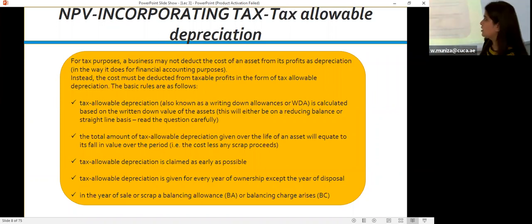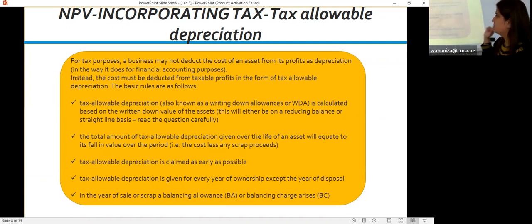Tax allowable depreciation, also known as WDA, writing down allowance, is calculated based on written down values of the assets. This will be either on the reducing balance or straight line. Read the question carefully. The total amount of tax allowable depreciation given over the life of an asset will equate to its fall in value over the period.